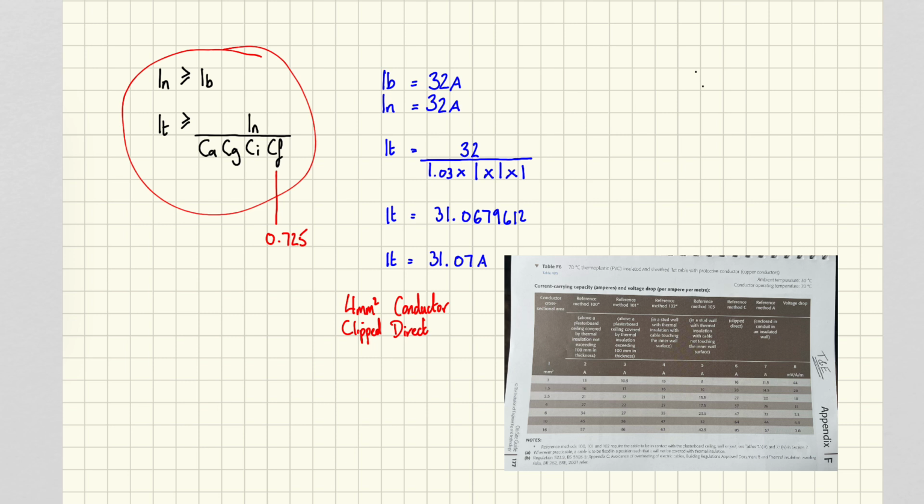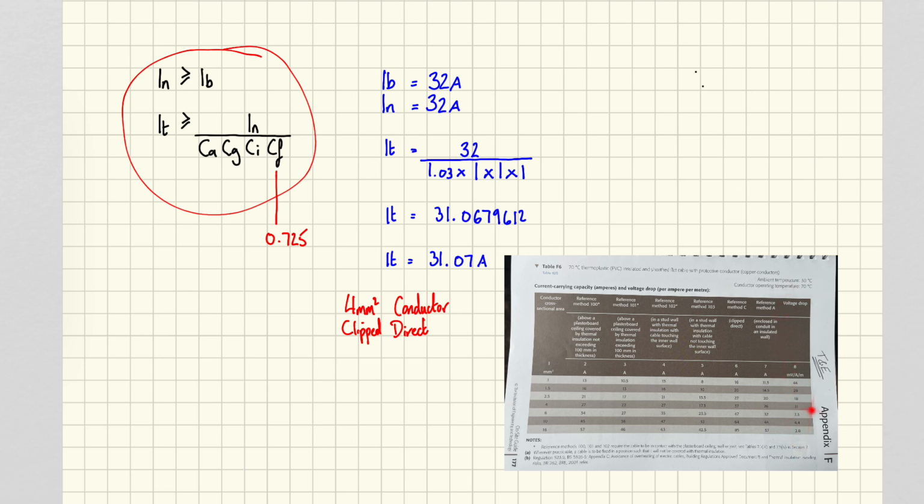Now, that is the size of cable that we can use, but it's not where we end our cable calculation. We now know what conductor can carry this if it is installed this way, but we also have to factor in the length of circuit, because voltage drop will become a factor, and that's what this is here.